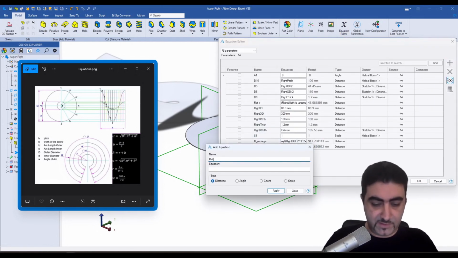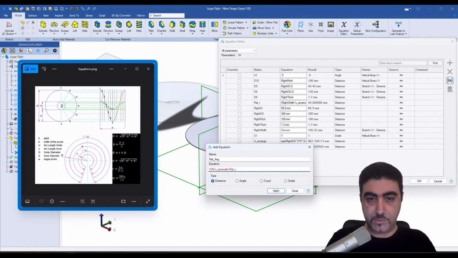So we have the flat angle being 180 times the small arc length. Okay, I actually need to put this into parentheses, divided by this radius we just calculated times pi.